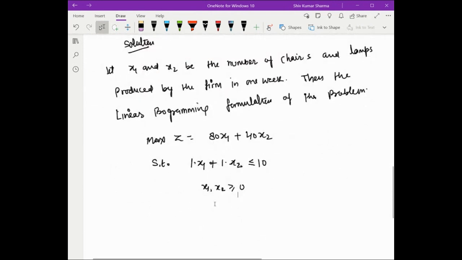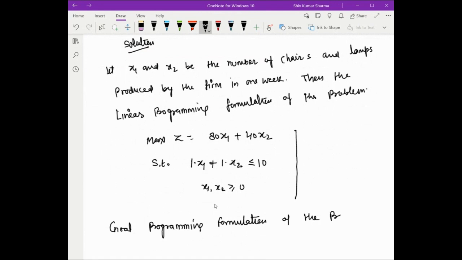Now the goal programming formulation. So this is the linear programming formulation, and now we start the goal programming formulation of the problem.